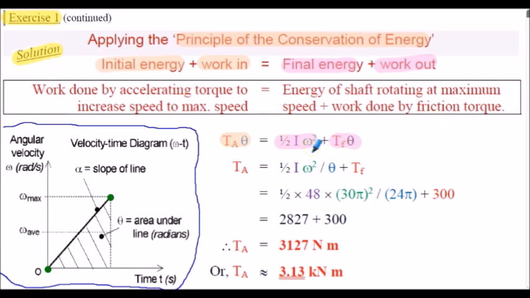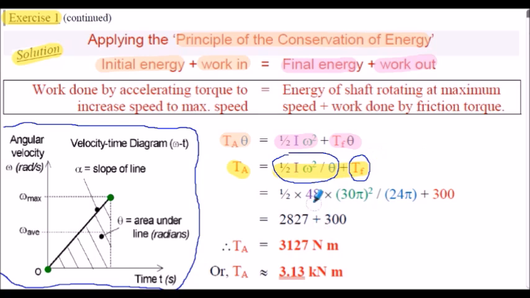We're asked to find in the question the accelerating torque, so we just have to rearrange the equation for T. So I simply divide throughout by theta to produce this equation. Notice the first term is divided by theta, but in the second term these thetas have cancelled, so it's just the frictional torque here.